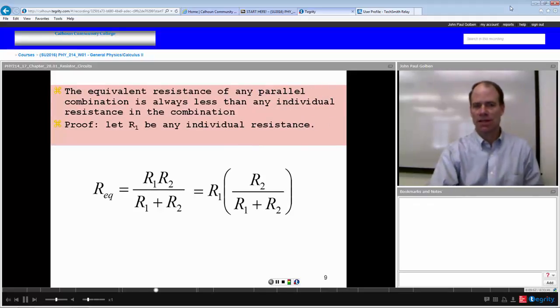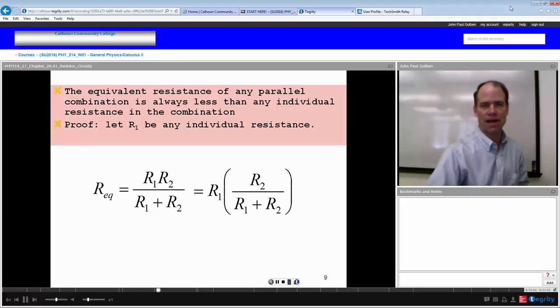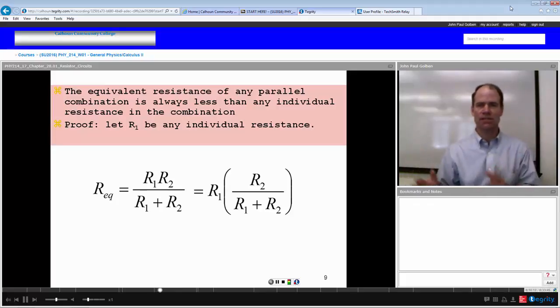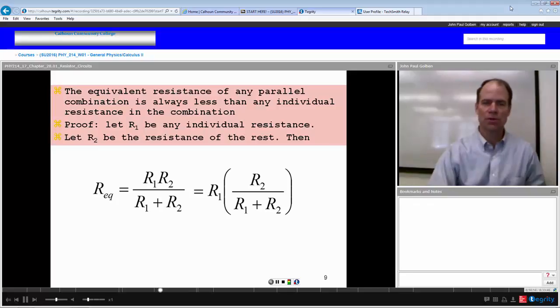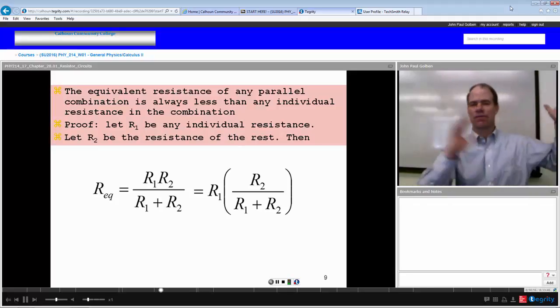Note also this, that the equivalent resistance of any parallel combination is always less than any individual resistance in that combination. How can we prove this? Well, let R1 be any individual resistance in the combination, and let R2 be the resistance of everything else.